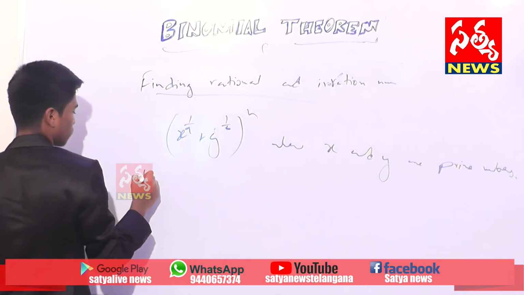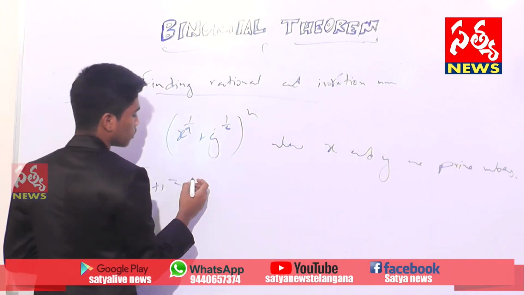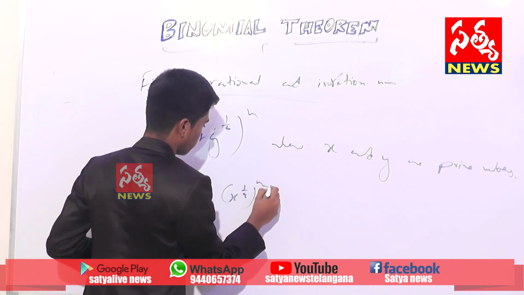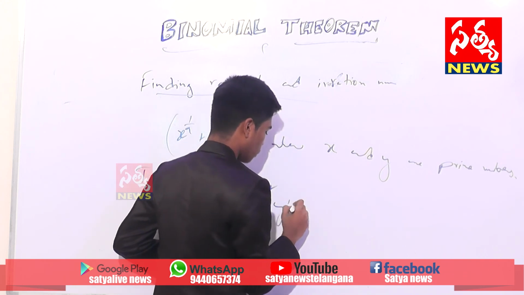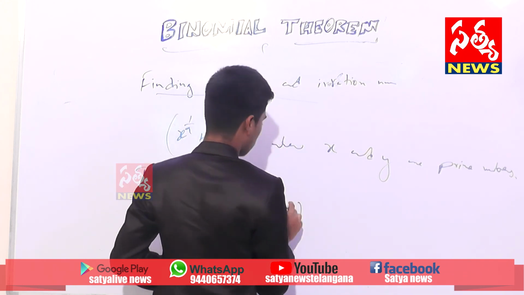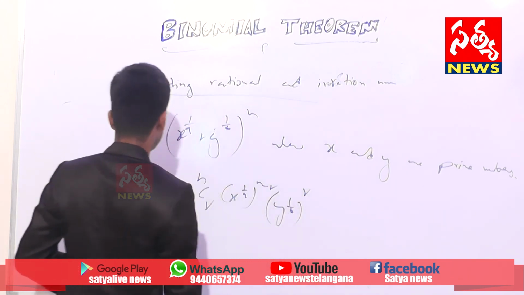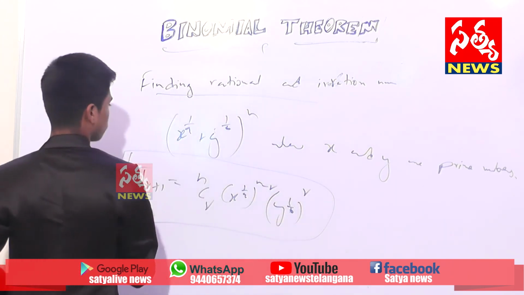The general term is nCr, x power (n minus r) into y power 1 by b whole power r. This is the general term.